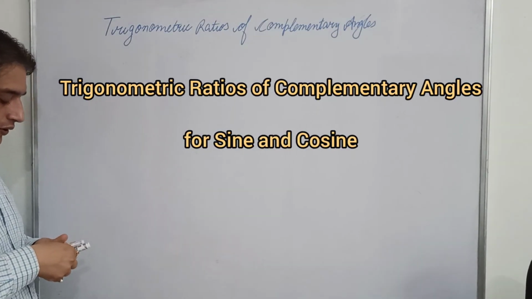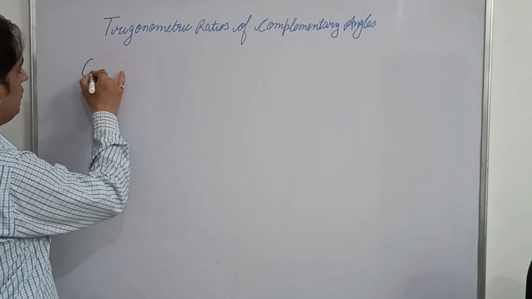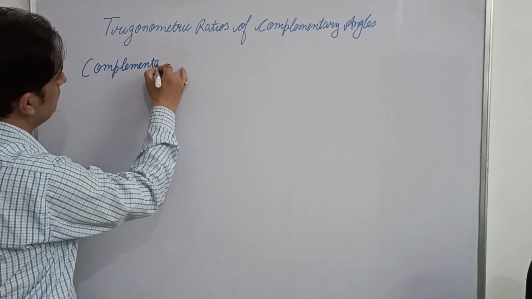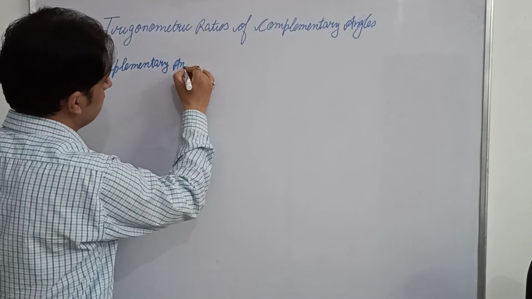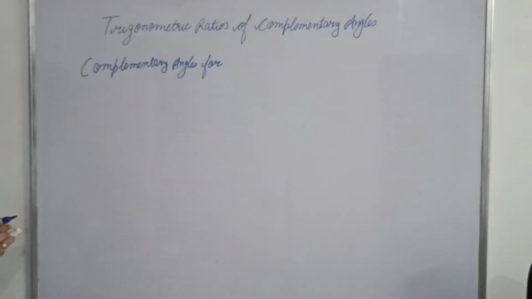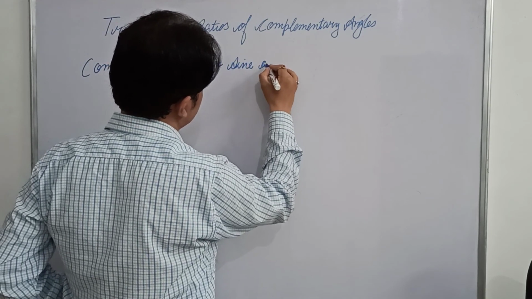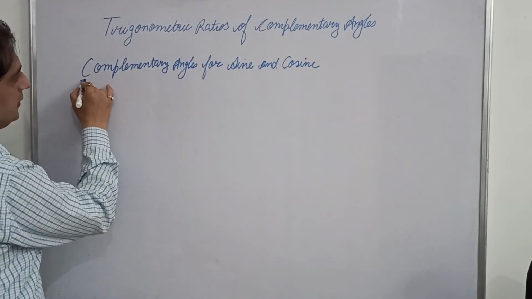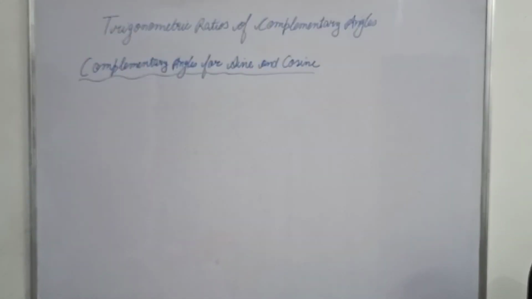So here, the T ratios of complementary angles for sine and cosine, first we will do this, right?